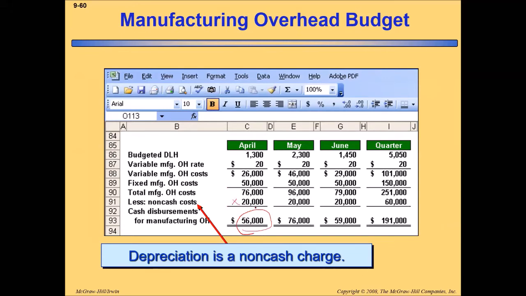We don't have to pay for this one. So total payment in the month of April will be 56,000 for manufacturing overhead. For the whole quarter, it will be 191,000. This is our total manufacturing overhead budget.